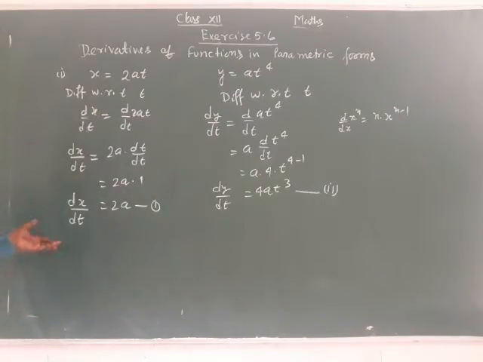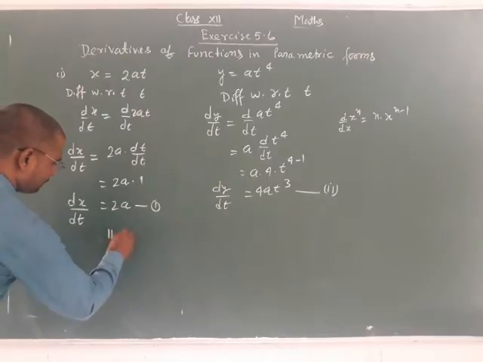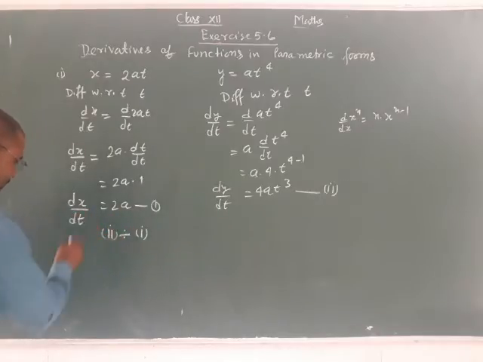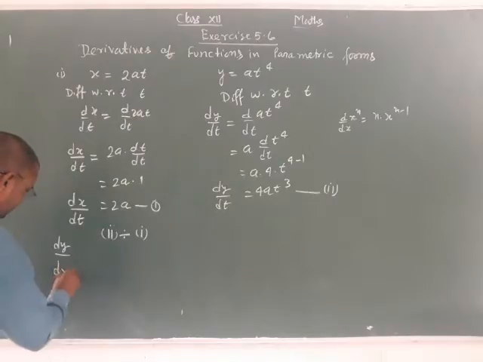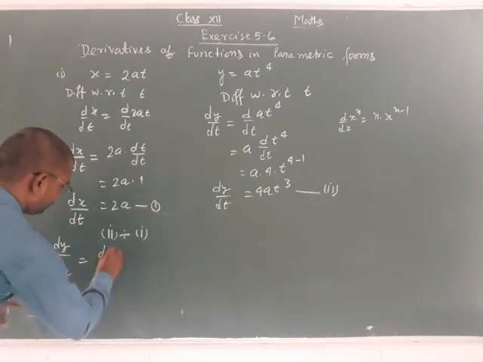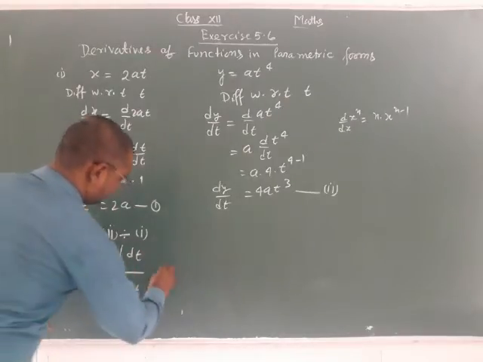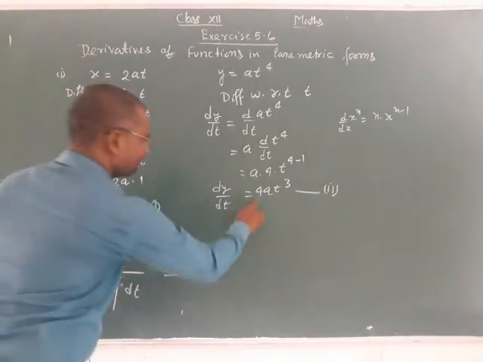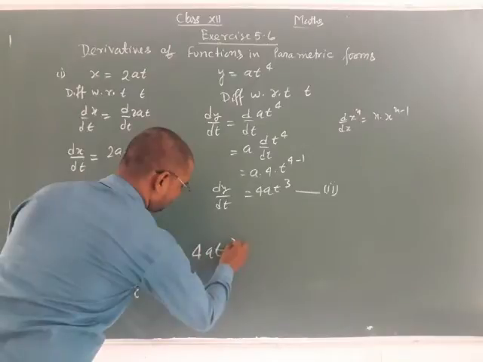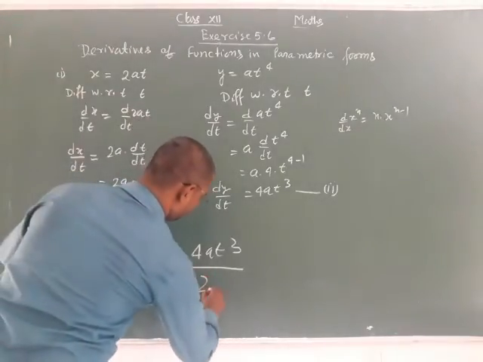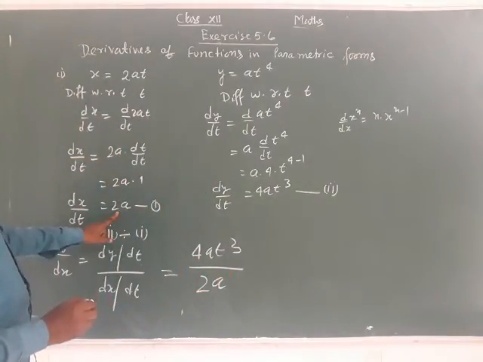Now we find dy upon dx. So divide second from first. dy upon dx is equal to dy upon dt divided by dx upon dt, which is 4a t to the power 3 upon 2a.